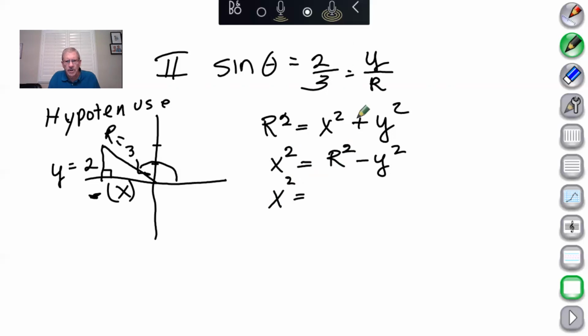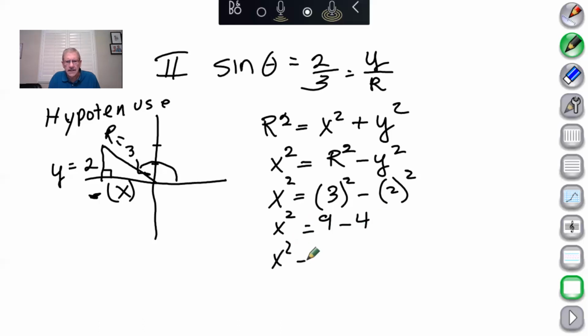Okay, so for r, we're going to substitute 3 and square it, and for y, we're going to substitute 2 and square it. And so x squared is 9 minus 4. X squared is 5.